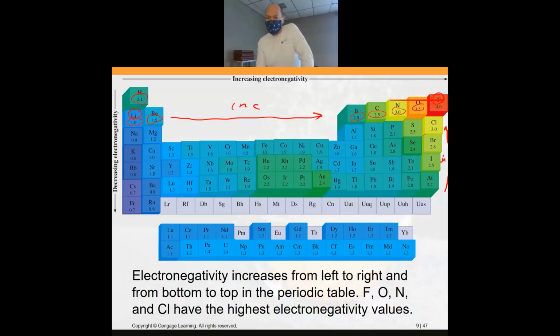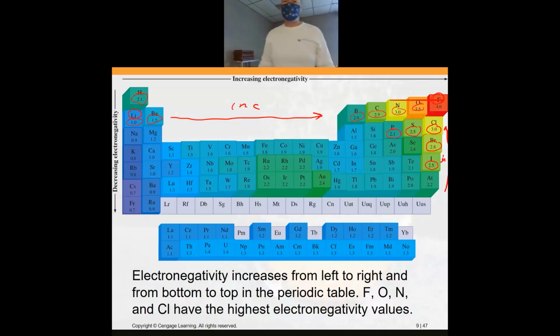You also need to know your halogens: chlorine is a 3.0, bromine is a 2.8, iodine is a 2.5. And then of course hydrogen, and sulfur at 2.5 and phosphorus at 2.1. Those are the ones that you have to know.